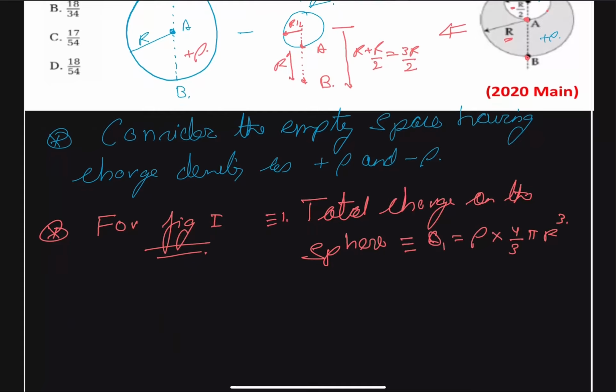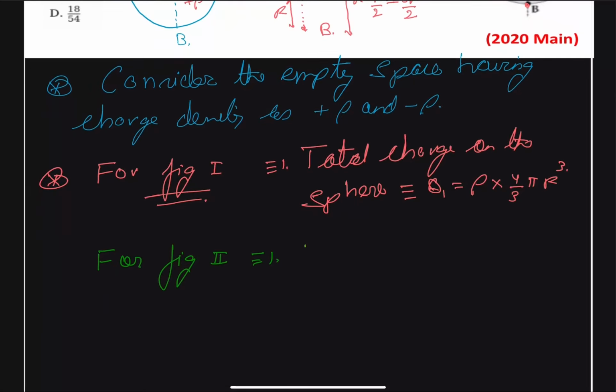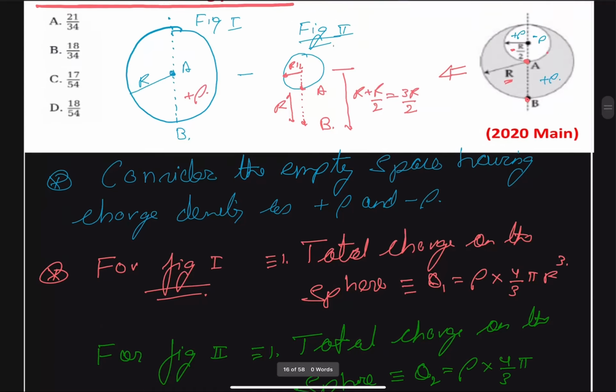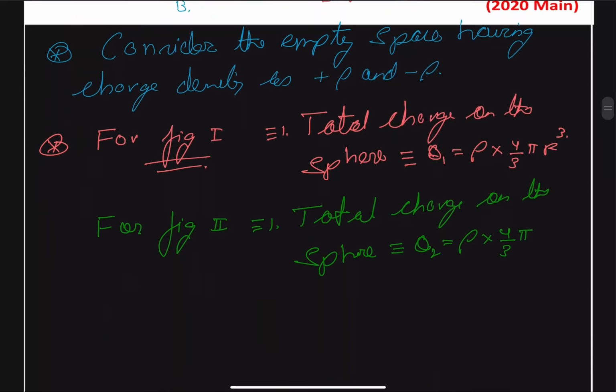For figure 2, total charge on the sphere, let us suppose that is Q2, will be rho multiplied by 4 by 3 pi, and radius is r by 2 whole cube.